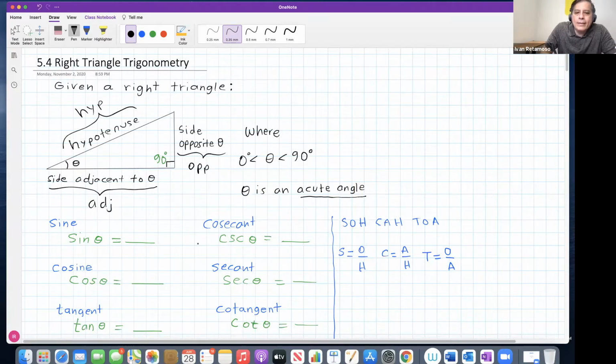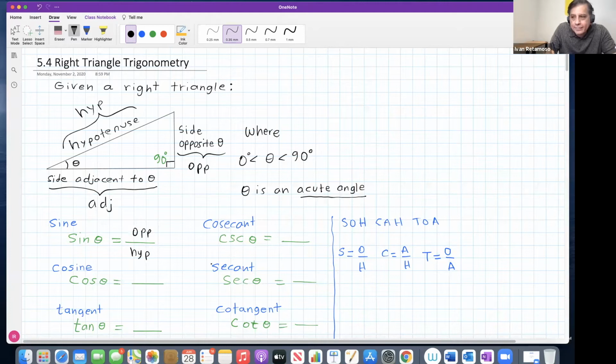Okay, now looking at these three lengths, we can form 6 possible ratios, right? The first ratio is called sine. Sine of theta is defined as opposite over hypotenuse. So we're going to write here, opposite over hypotenuse.